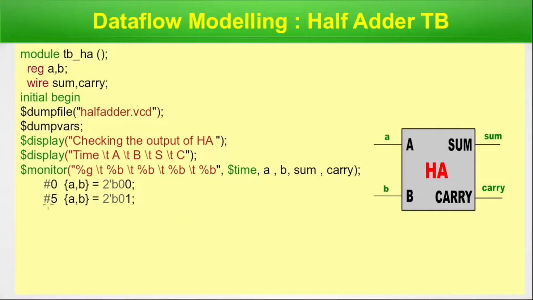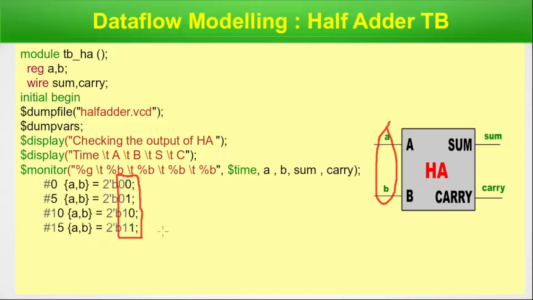And here you can see we have changed the value to 1, after a 5 time unit delay, and this is after a 10 time unit delay. We have changed it to 0, then to 1, and here 1 and 1. For A and B, these two inputs, we have defined the truth table for the input change, and we will get the truth table output for sum and carry printed on the screen.